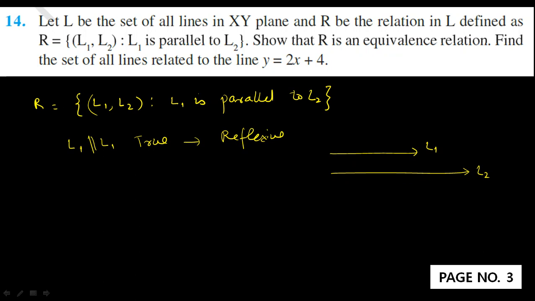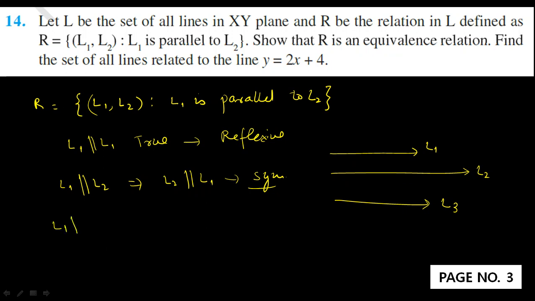What about the second condition? If L1 is parallel to L2, clearly I can write L2 is parallel to L1. Therefore, symmetric nature is there. Suppose I am considering one more line. Suppose this one is L3.